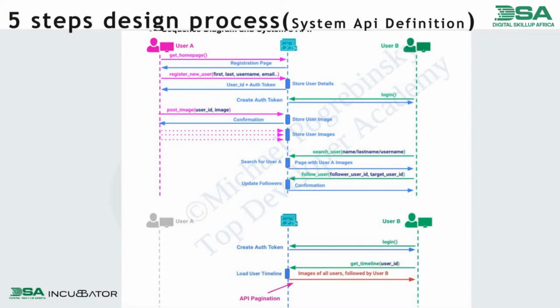Now, if we take every interaction between the user and our system, as well as the data that we pass in each call, we have our system's API fully defined. Right. Okay. Now we can use this API and move on to the next step of our design, which is the functional diagram of our system.